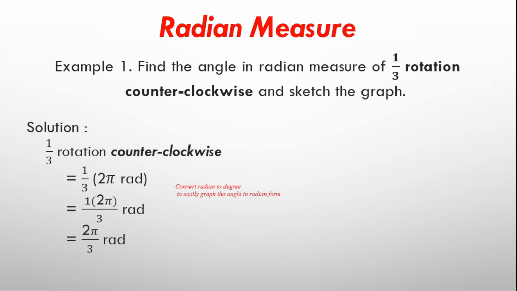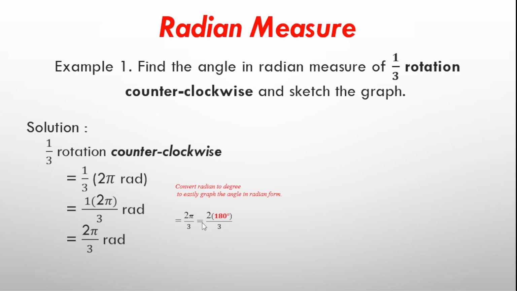Then how are we going to graph 2 pi over 3 radians? To make it easier to sketch, first we are going to convert radians to degrees to easily graph the angle in radian form. So for 2 pi over 3, all we need to do is substitute pi by 180 degrees.